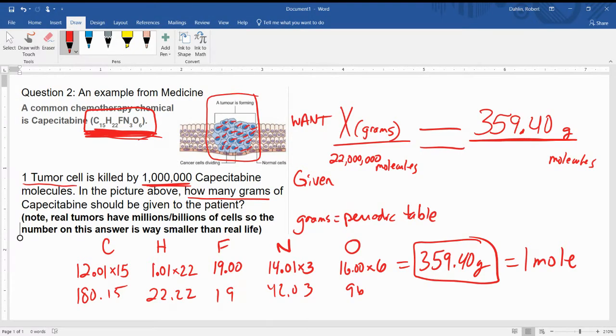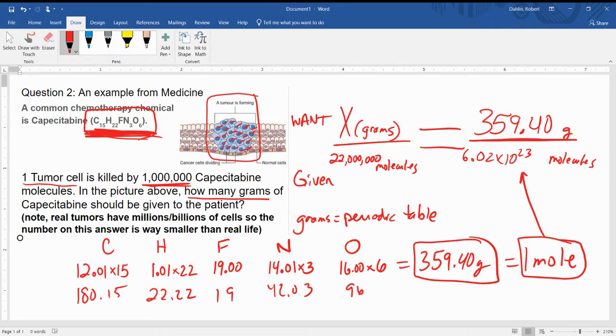But this question is not asking us for moles, or it doesn't give us moles, it's giving us molecules. Molecules is that object. So we have to remember, what does 1 mole mean? 1 mole means 6.02 times 10 to the 23rd molecules.